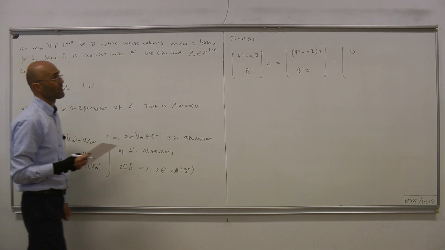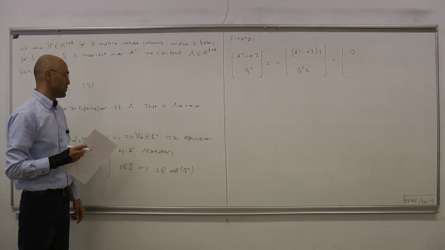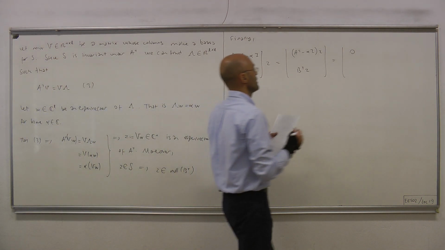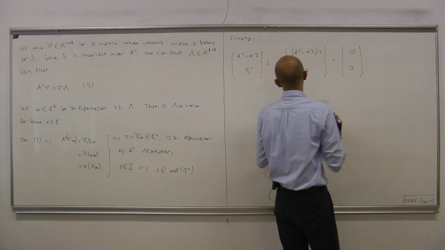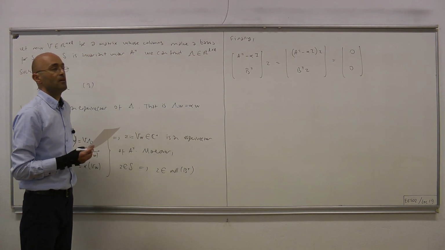Okay, it's here. And the second entry is 0 also, because Z belongs to the null space of B transpose. So what we have obtained is this matrix times a non-zero vector Z equals 0.